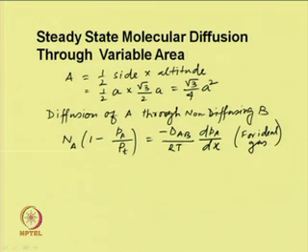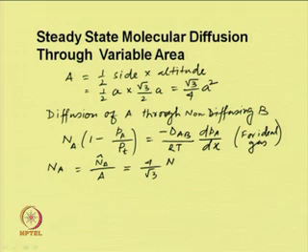Now, Na is the molar flux, so Na is equal to Na cap by area, which is equal to, if we substitute the area, 4 by root 3 Na cap by A square.